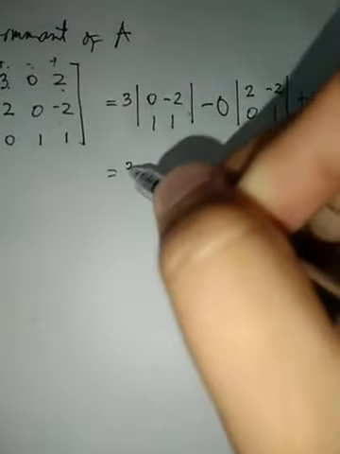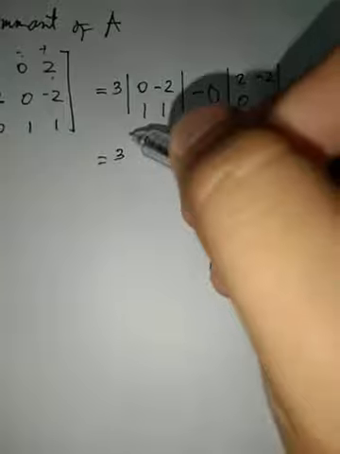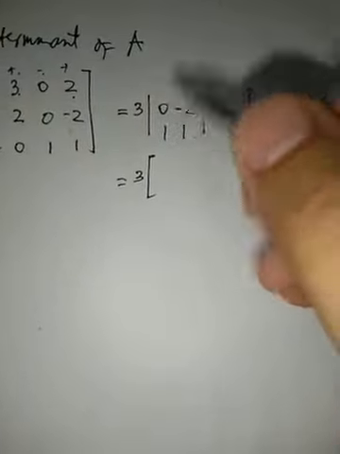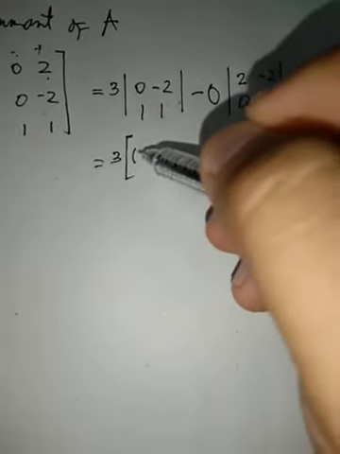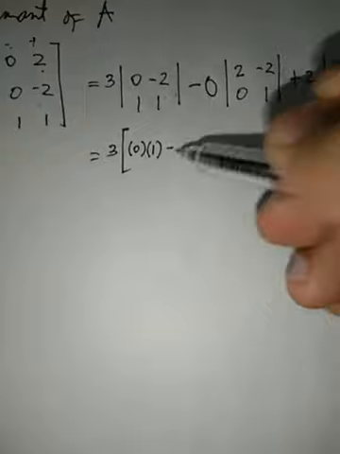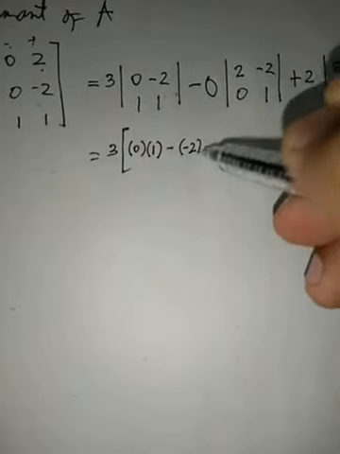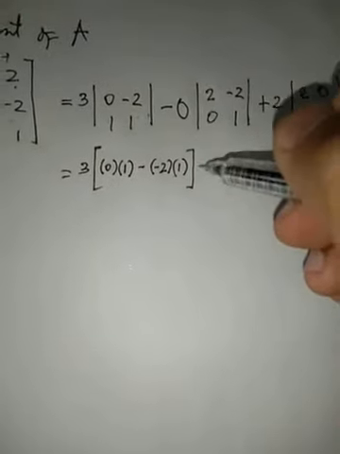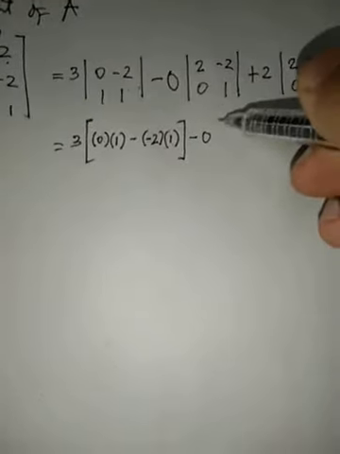Simplify. 3 times, diba? makuha muna natin ang determinant ng 2 by 2. So, this one is 0 times 1 minus negative 2 times 1. Diba ganyan yan? Minus 0.